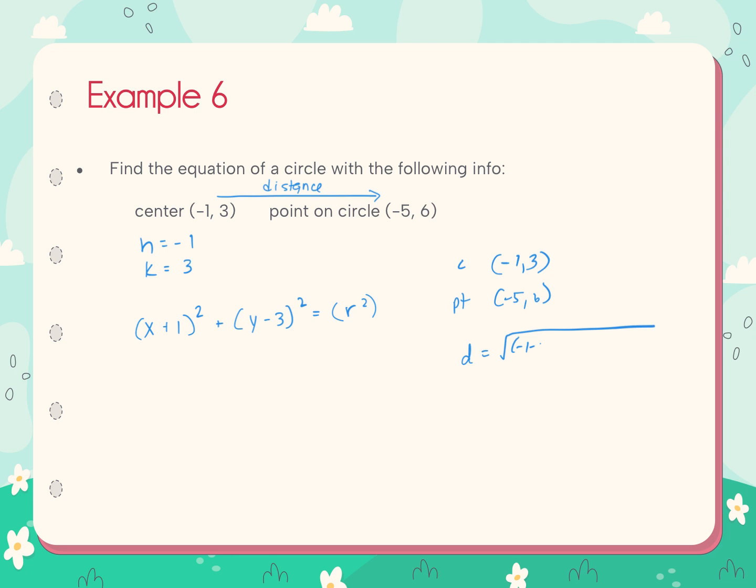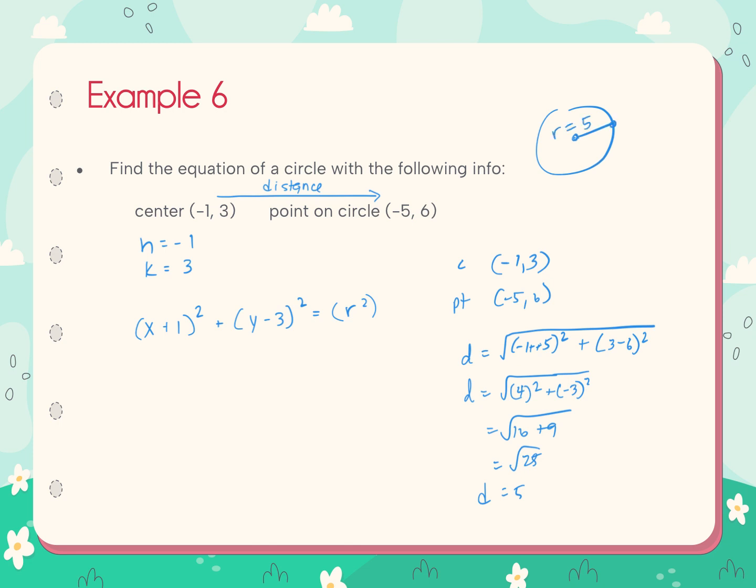So -1 minus -5, the difference of the x's squared, plus the difference of the y's squared. So I've got 4 squared plus -3 squared. That's going to be 16 plus 9, or 25. So the distance is 5. The distance between the center and a point on the circle is 5 units. That means my radius is 5 as well.